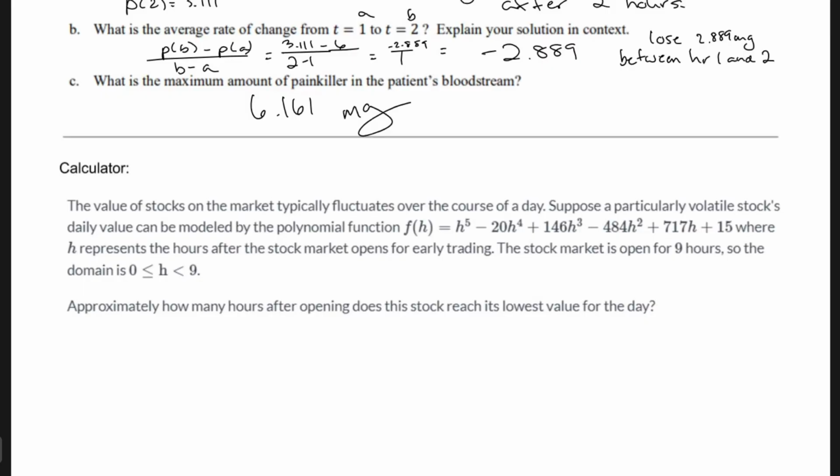The stock market is open for 9 hours, so the domain is H is in between 0, including 0, but not including 9 for some reason. Approximately how many hours after opening does the stock reach its lowest value for the day? So this is a simpler calculator problem. Don't have to do near as much as the others. I just need to graph that and find the minimum. So let's go do that now.